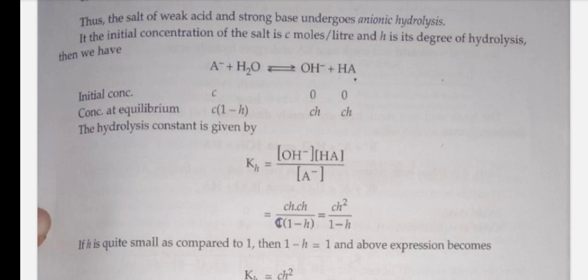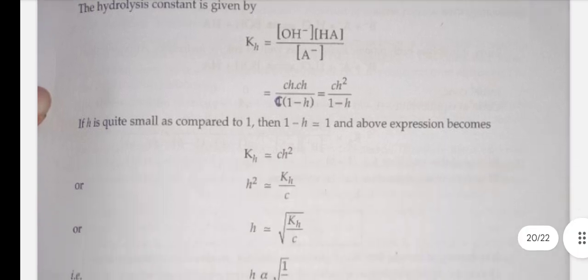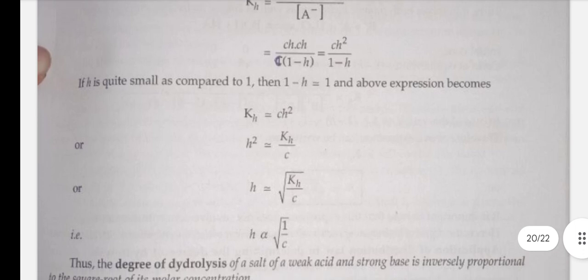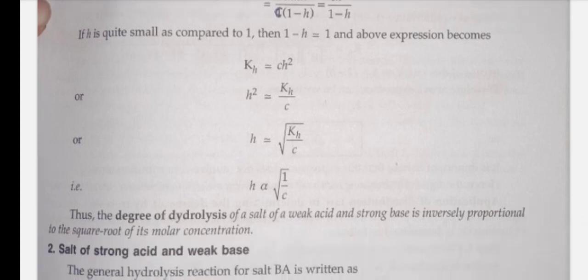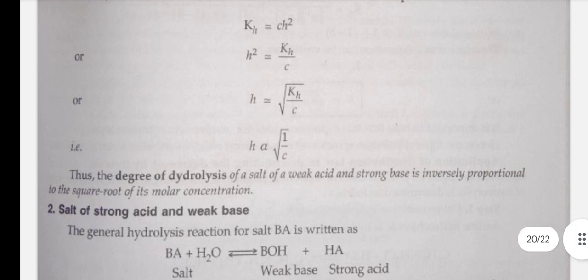Hydrolysis constant is given by Kh is equal to OH negative ions into HA upon A minus, which gives us Ch square upon 1 minus h. If h is quite small as compared to 1, then 1 minus h is equal to 1. The above expression becomes Kh is equal to Ch square. h square is equal to Kh upon C. h is equal to root of Kh upon C. And h is directly proportional to 1 by root of C.